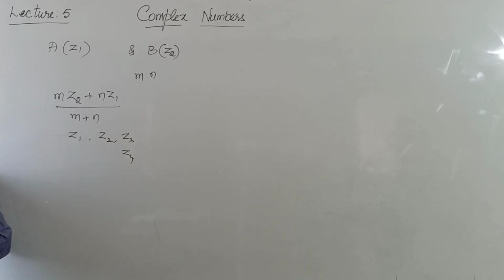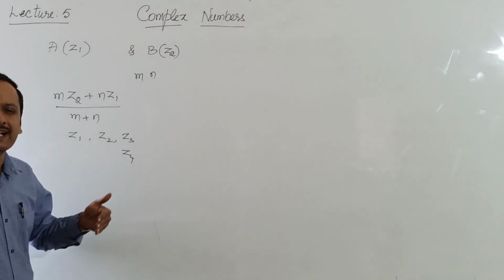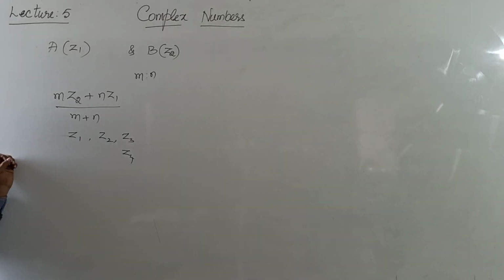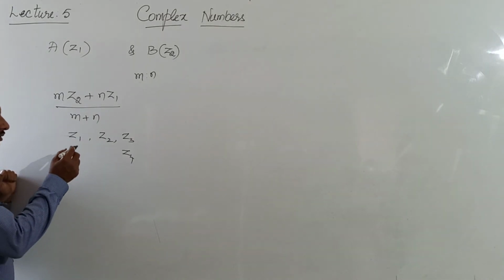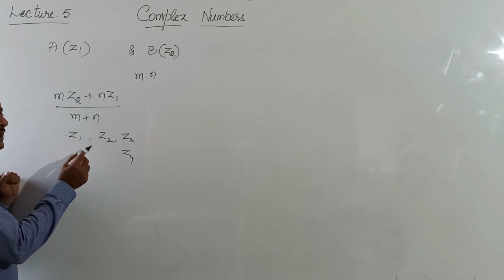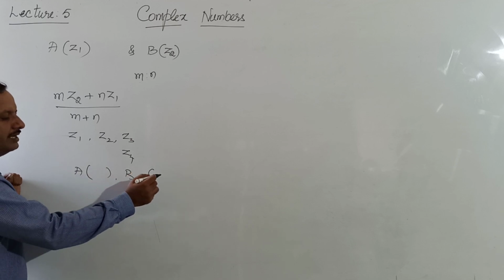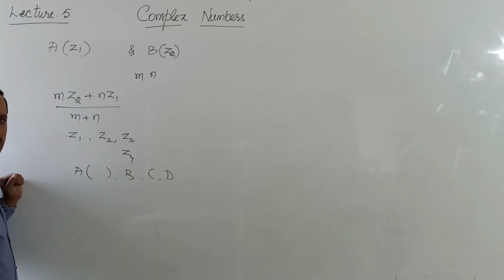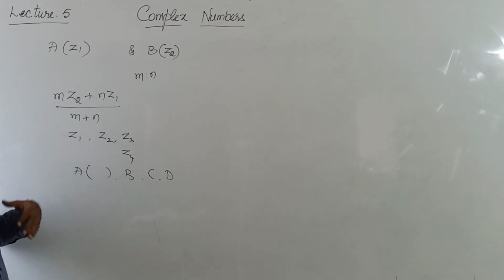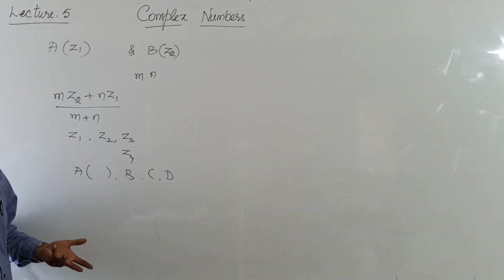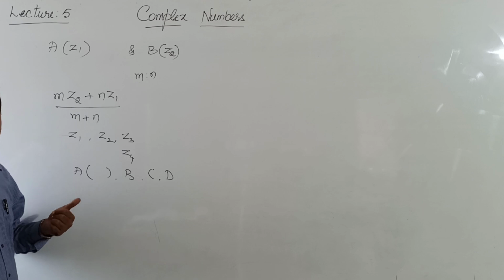Do they form a square, or a rectangle, or a rhombus, or a parallelogram, etc.? Then what we do is take all those complex numbers, which represent some points, and denote them as A, B, C, and D. Use the distance formula. If all 4 sides are equal and the diagonals are also equal, then it becomes a square, and so on. You can verify that by using the distance formula.